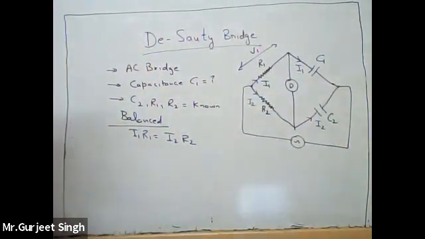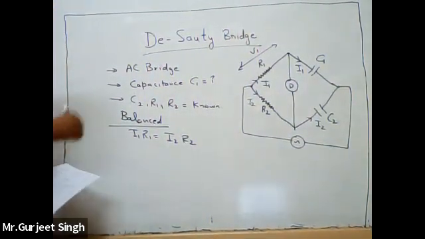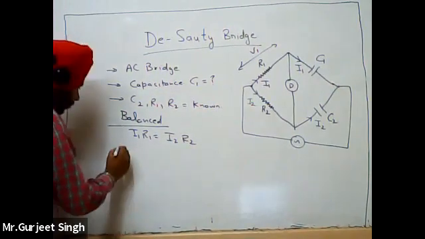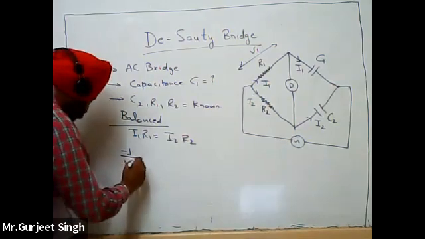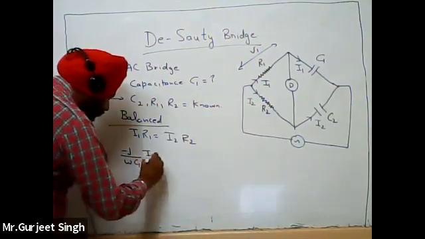Both capacitor voltages are equal, so we will write minus j omega C1 I1.